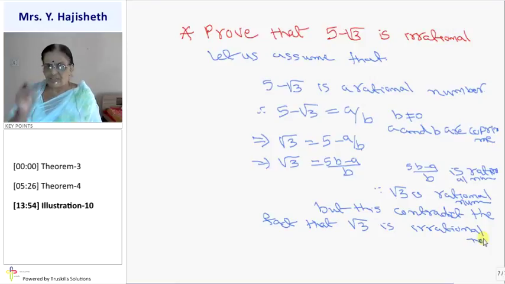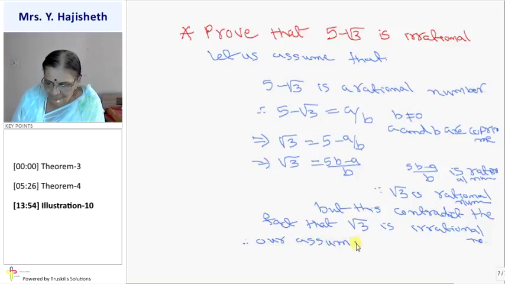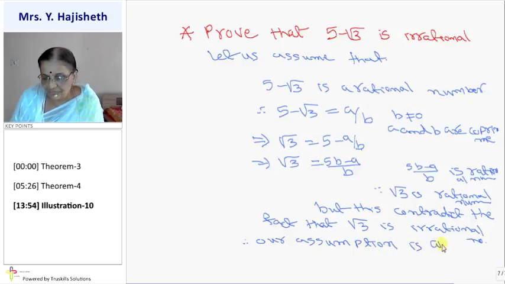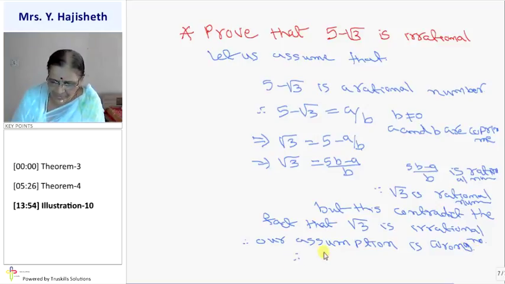So I am using the definition here, not the proof. But this contradicts the fact that root 3 is an irrational number. Therefore, our assumption is wrong. Our assumption is 5 minus root 3 is rational. That is wrong. Therefore, I can say 5 minus root 3 is an irrational number.